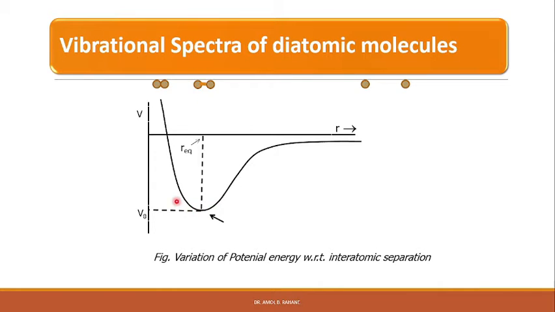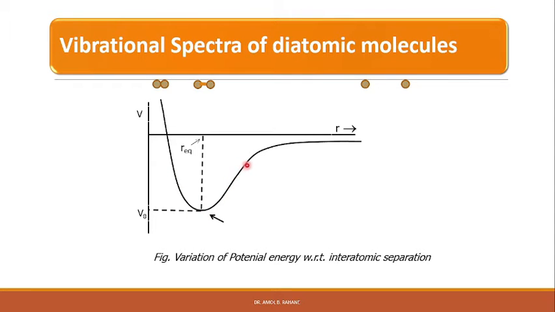The potential energy is minimum at a point called the equilibrium separation, where the separation between the two atoms is equal to R equilibrium. And further, if we decrease the separation between the two atoms, then the potential energy again rises. That means the potential energy has a parabolic kind of shape in this region, right?